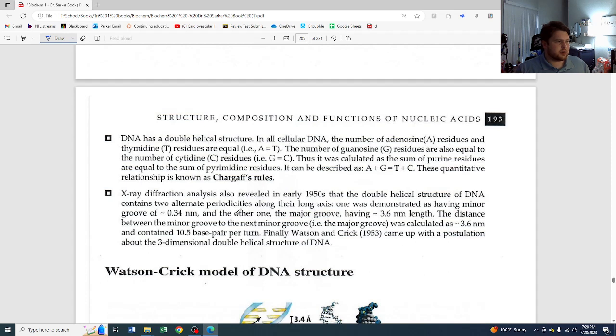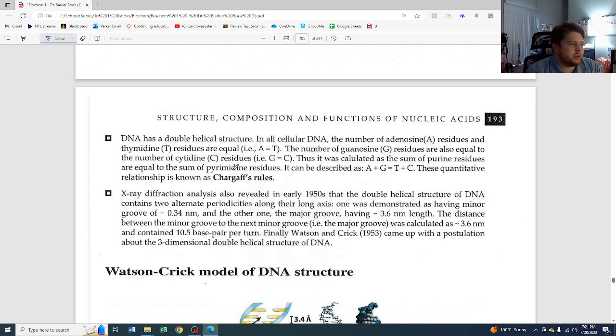So DNA has a double helical structure. In all cellular DNA, the number of adenosine residues and thymidine residues are equal. The number of guanosine residues are also equal to the number of cytidine residues. Thus, the sum of purine residues is equal to the sum of pyrimidine residues.